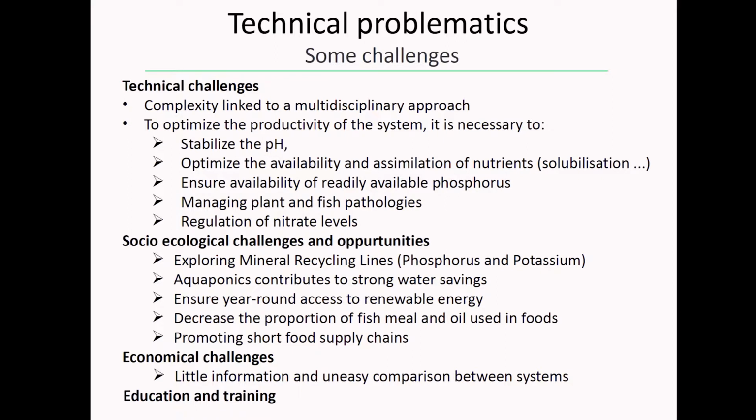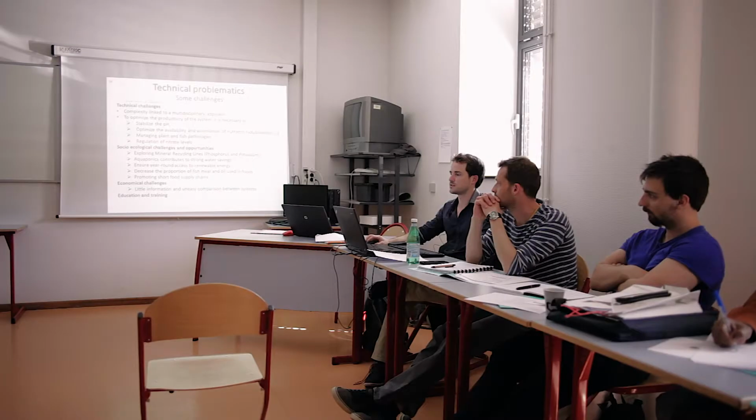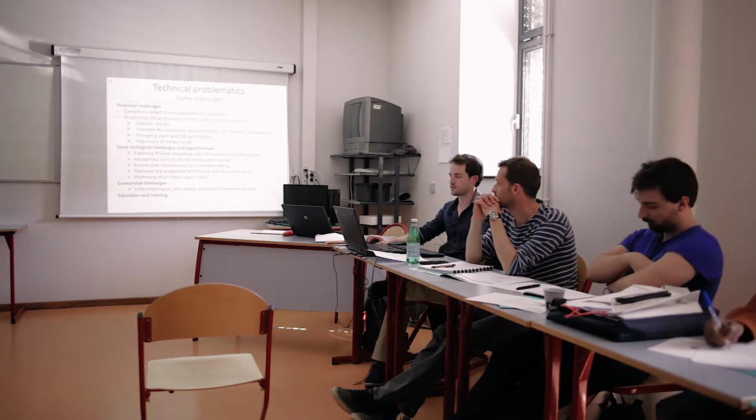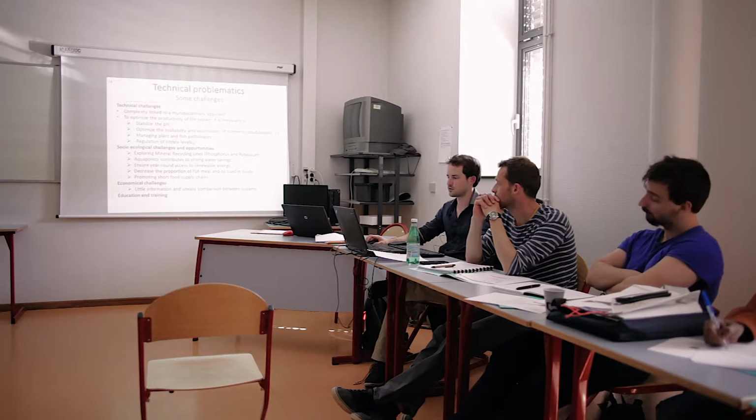So it's stabilizing the pH, optimizing the availability and assimilation of nutrients, managing plant and fish pathologies, regulating the nitrate level, both in the water but also in the final products, because there are some sanitary aspects about nitrate concentration inside the plants, so it has to be checked also.